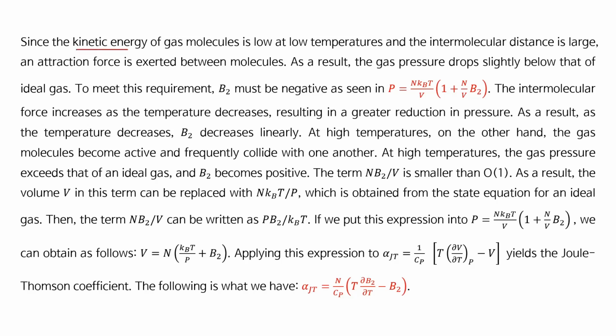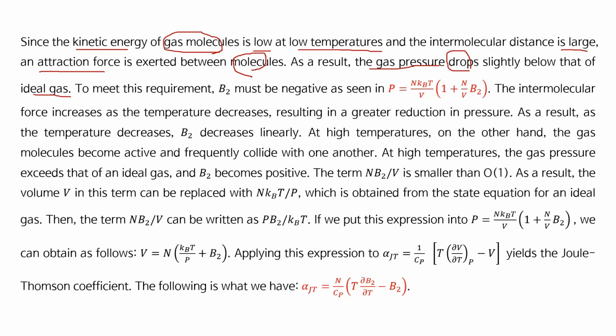Since the kinetic energy of gas molecules is low at low temperature and the intermolecular distance is large, attraction force is exerted between molecules. As a result, the gas pressure drops slightly below that of the ideal gas because the attraction between gas molecules is larger. Then the gas pressure is slightly reduced by this intermolecular attraction.